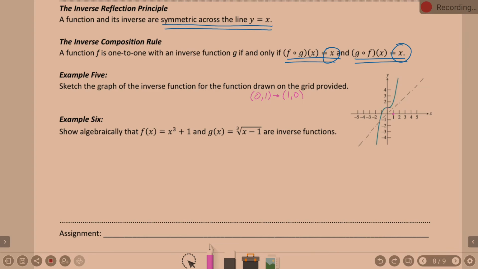It also looks like there's a point at negative 1, 0. What's negative 1, 0 going to become? 0, -1, so that means I'm going to have a point down here, yes? Somewhere right in here, there's a point that crosses y equals x. Well, guess what?